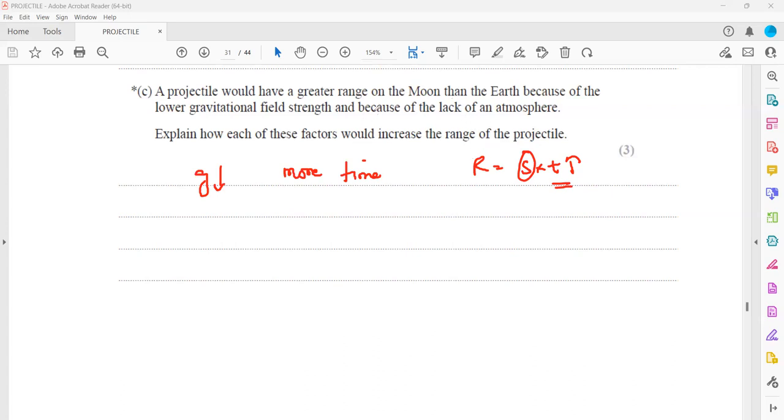The second one: as there's a lack of atmosphere, there's no air resistance. So there is no loss of energy, and there is no work done against the air resistance.